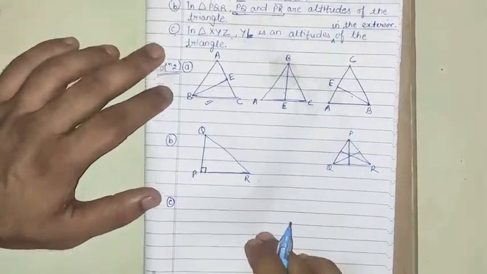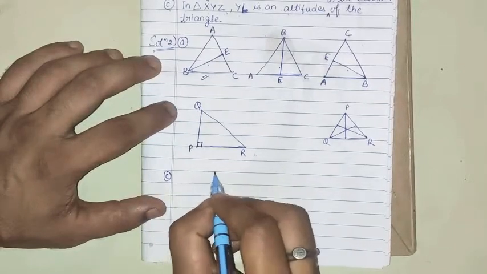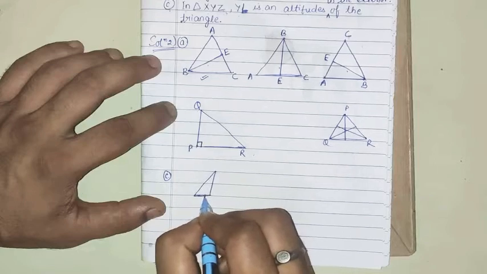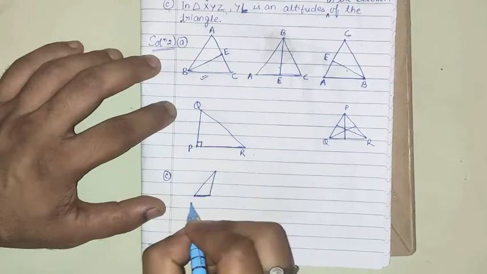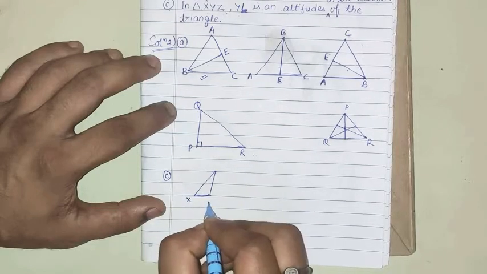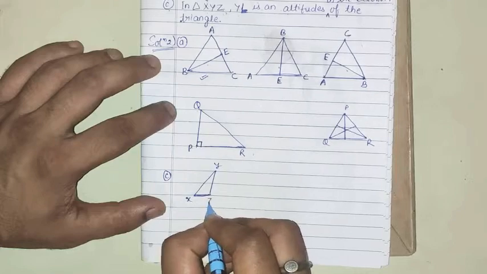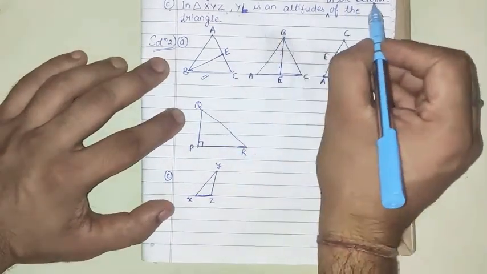That means if we have triangle XYZ, we have to make an altitude in the exterior.